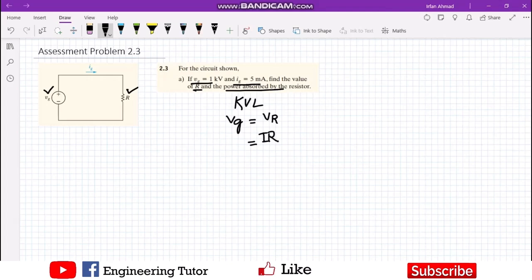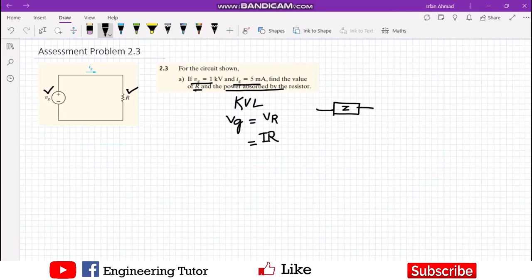To formulate any question or find any quantity with respect to a circuit element, we should have some understanding of the element. Let's say we have an element denoted by Z here.